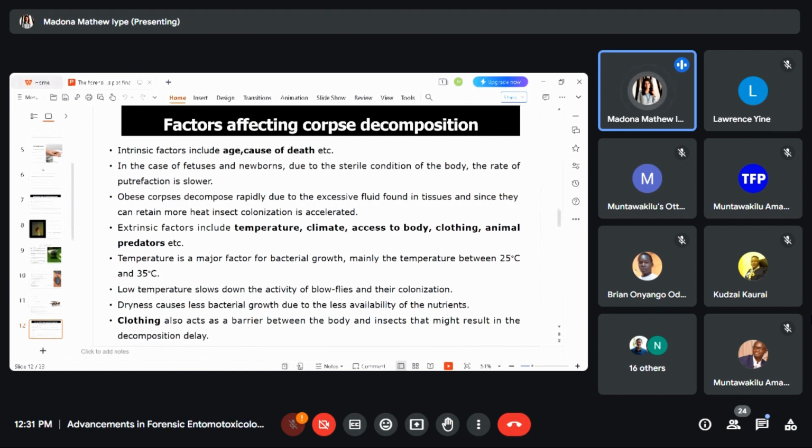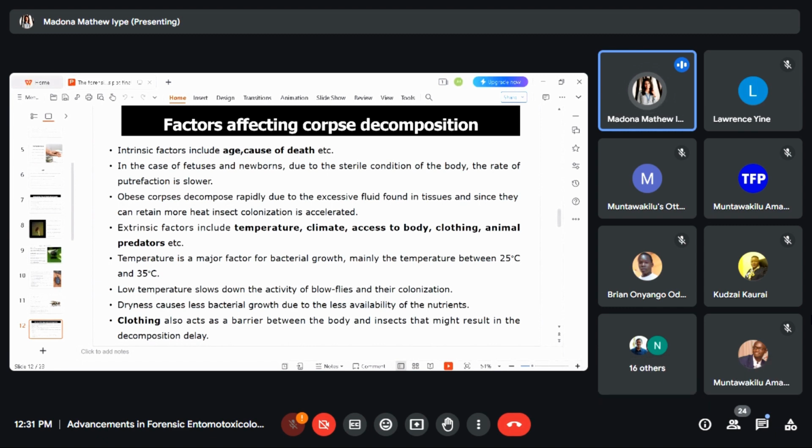Now, what are the factors that affect corpse decomposition? Although we discussed these stages of decomposition along with the days which these stages last, everything can differ on the basis of a few factors. There are two categories of factors: intrinsic factors and extrinsic factors. Intrinsic factors are like age, the cause of death, and the amount of fat.